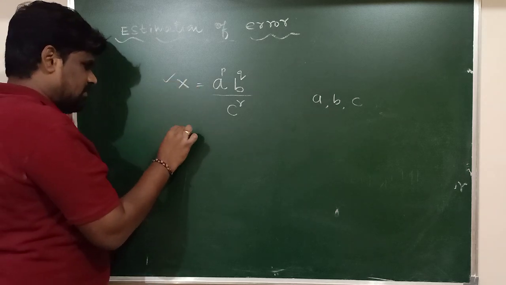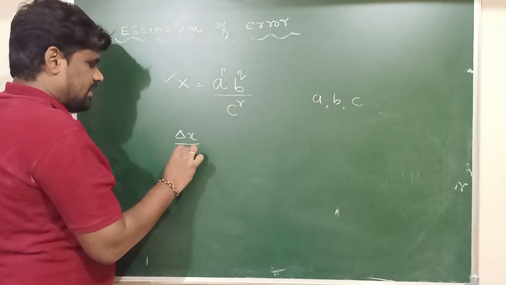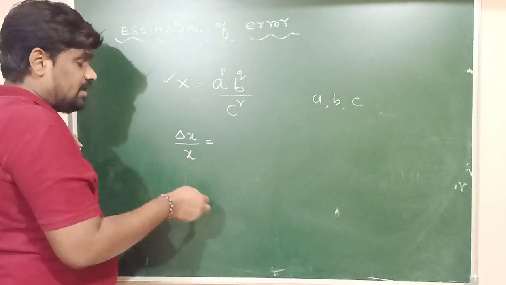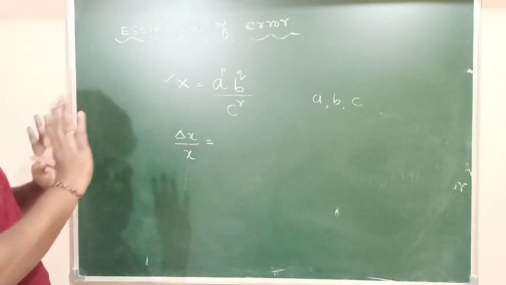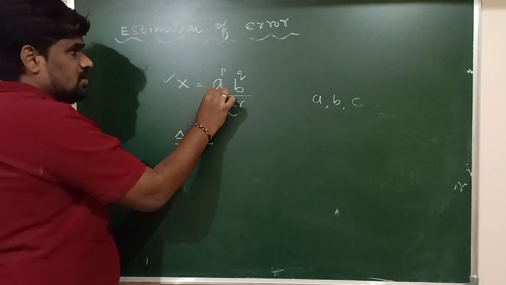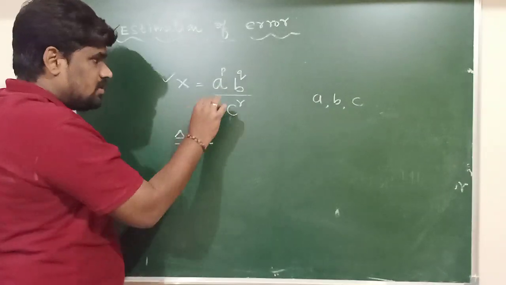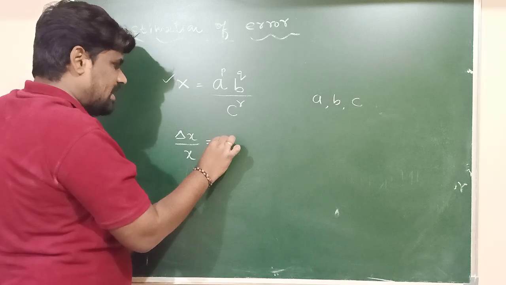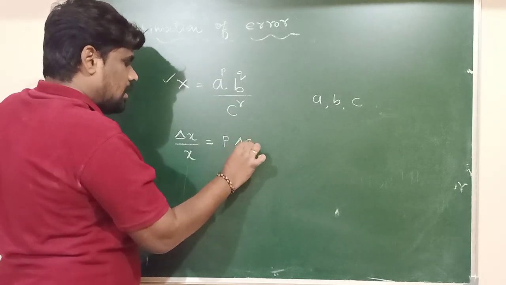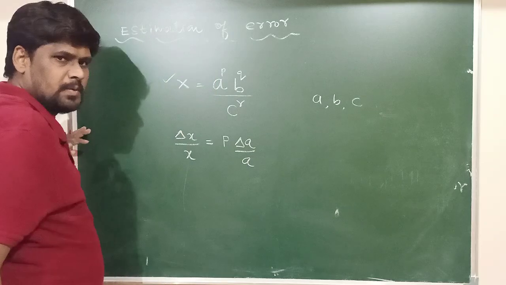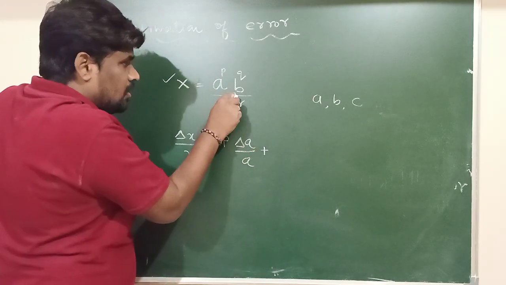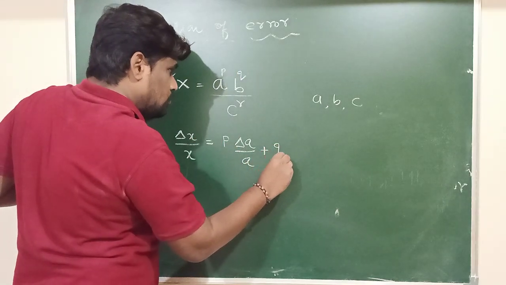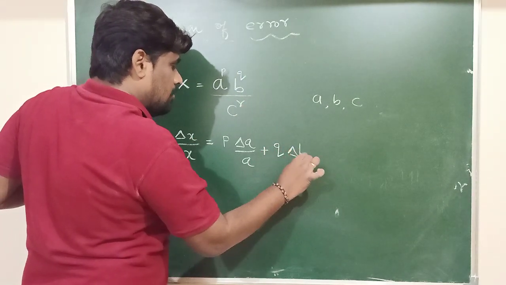So the concept is very simple. Delta x by x is called the relative error in the measurement of x. And next, it is A to the power P. As per the rules, I can write this as P into delta a by a, plus, next, B to the power Q, which can be written as Q into delta b by b.